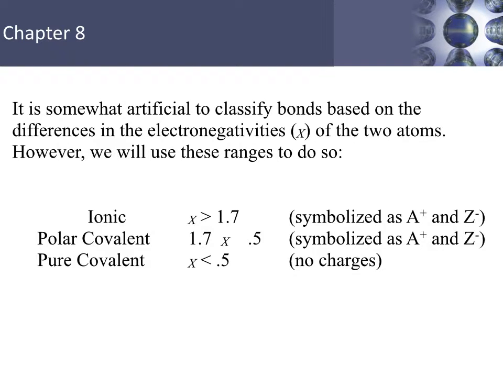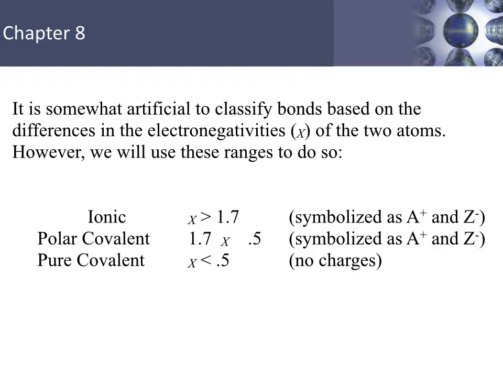Now, what I'm going to have you use are these numbers here when determining if something is ionic or covalent. It's a little bit difficult, but in general, we're going to use the electronegativity values and compare them. If the difference in electronegativity is greater than 1.7, then we would consider that an ionic bond.